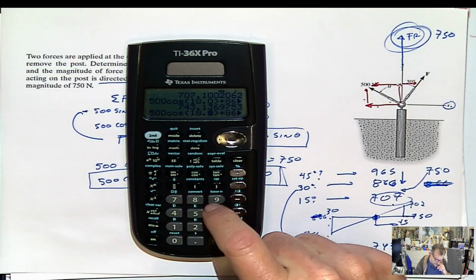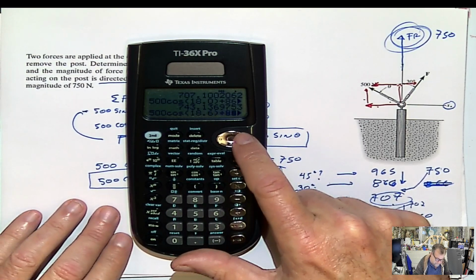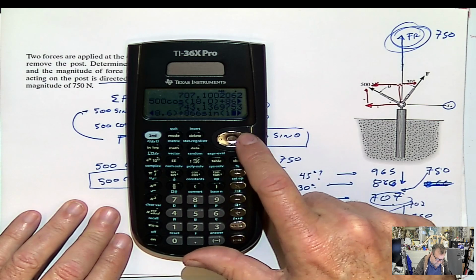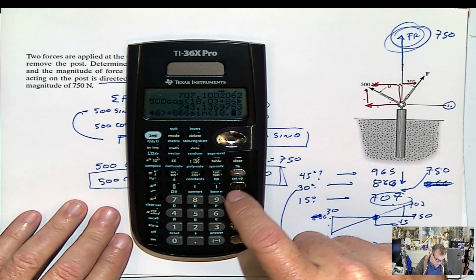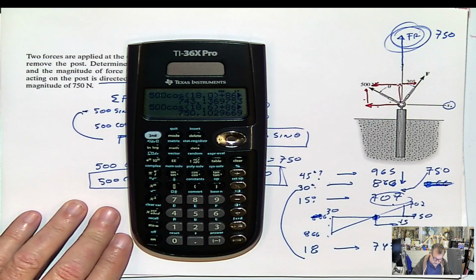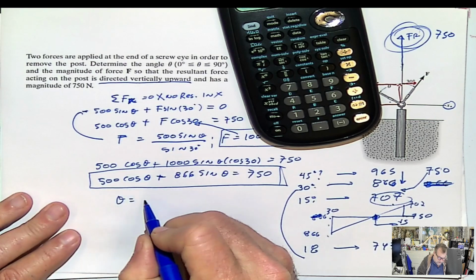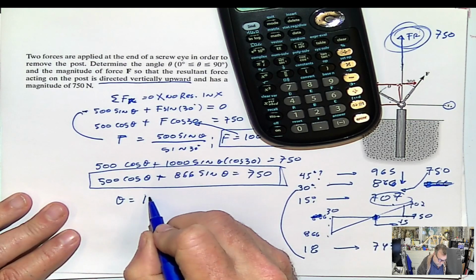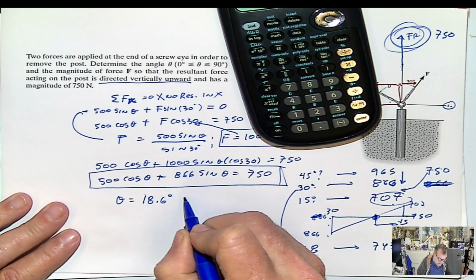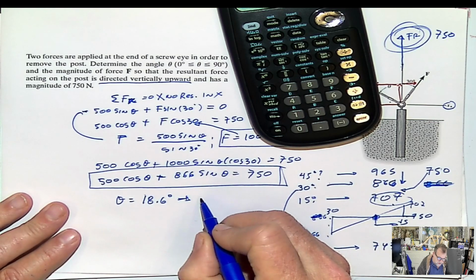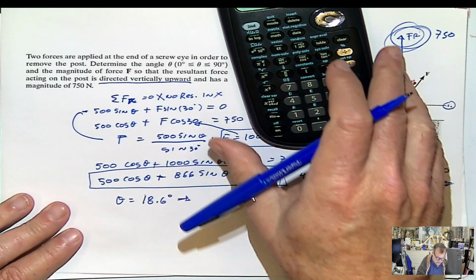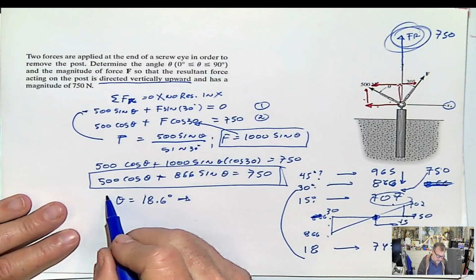So I know that's the value. 18.6, 750. So the angle is 18.6 degrees, and that will give me the resultant force over there.